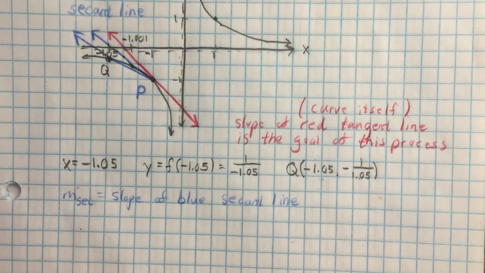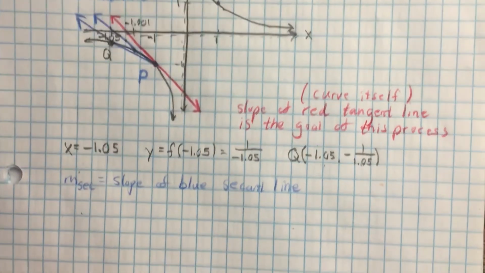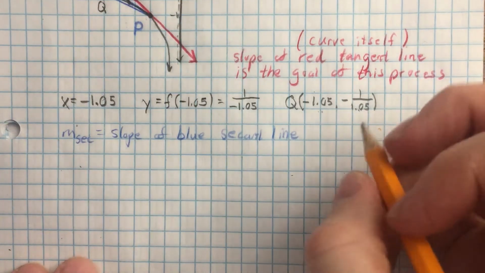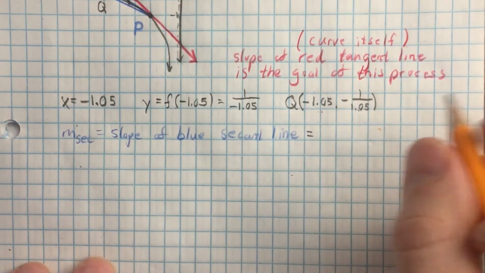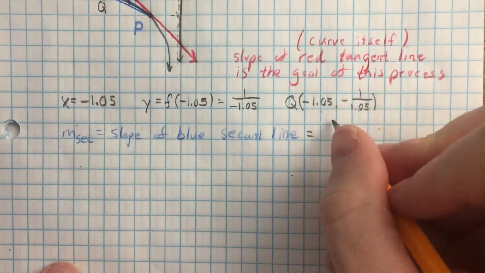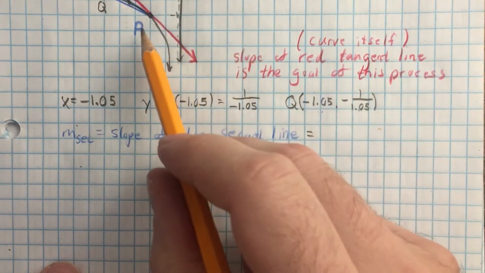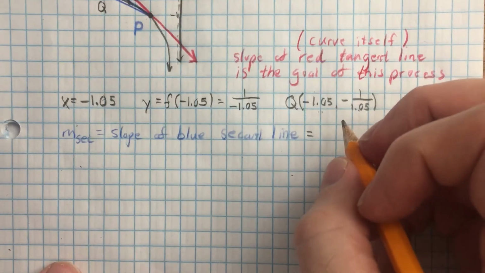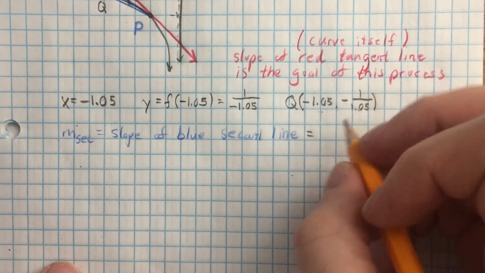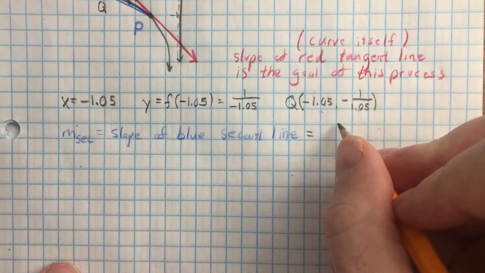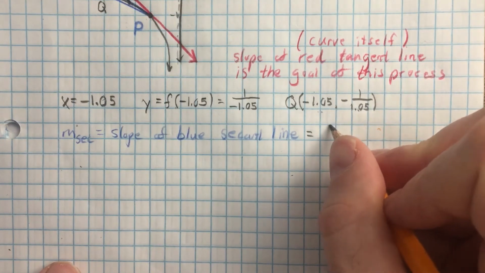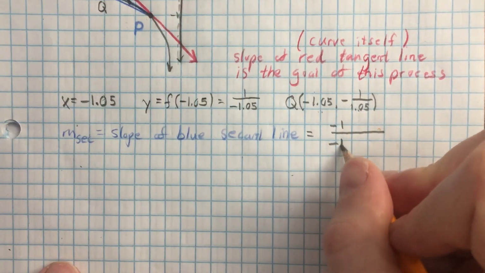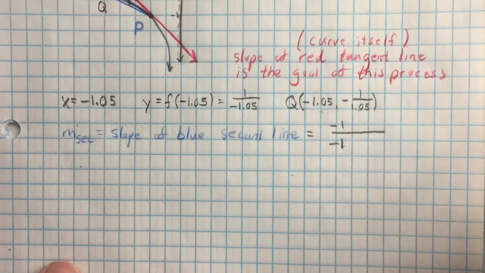All right, so now to do a calculation. m_sec should be the slope of the line between the points P and Q. So P was negative 1 for the y value, negative 1 for the x value. They were the same.